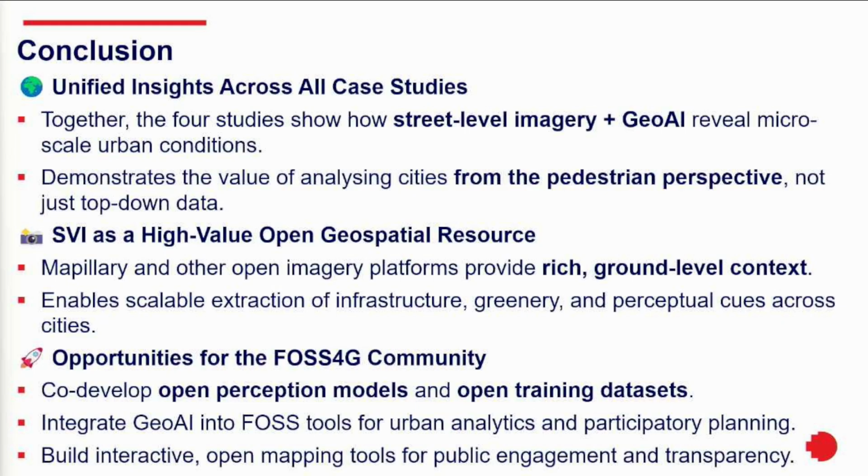And if we have more open trained datasets we can use, more and more people can use street view imagery from Mapillary. And if we can have more GeoAI tools for us to use, then more research can be done. And the government can use not only the physical information but also the perceptual information to understand our city.